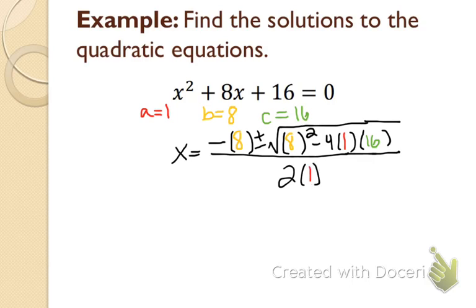So we substitute everything correctly. Next thing we're going to do is clean it up a little, rewrite it. So negative times 8 is negative 8, plus or minus.